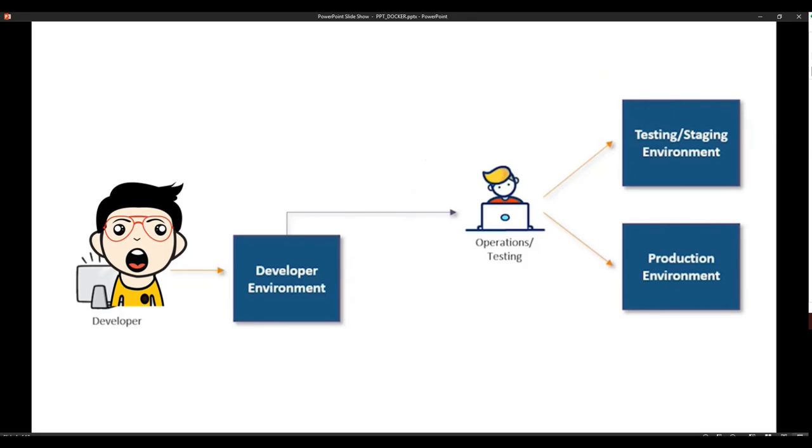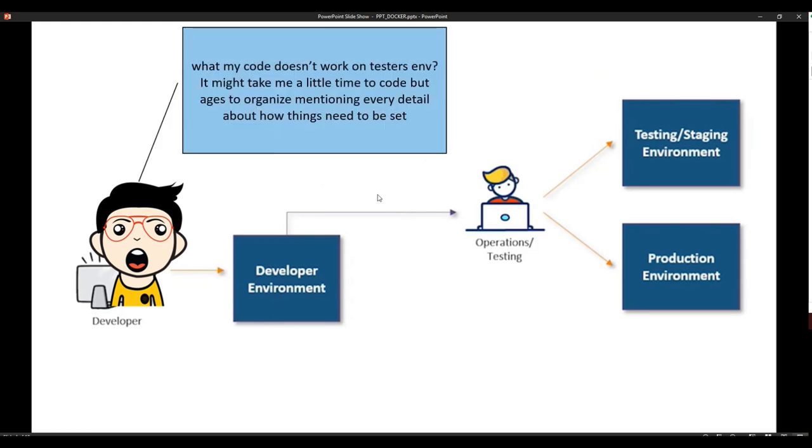There's another problem as well, which developers in some part of their life have come across. I have done my coding, my code is working fine, the build was successful, but when I give it to the tester, it fails. It crashes maybe due to configuration issues or version issues.